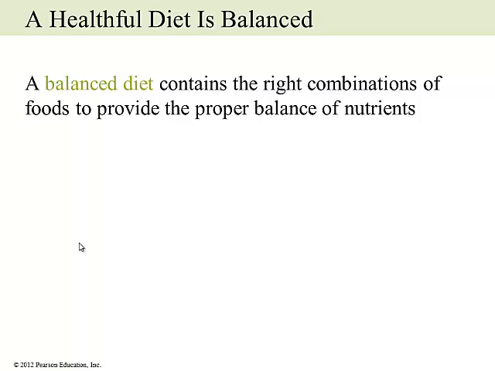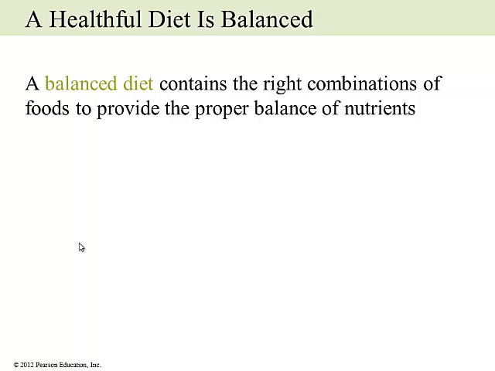Now, weight is related to the energy input versus energy output. Is everybody's ideal weight in this room the same? No. What's it based on? Height. It's based on height, your body frame, believe it or not, your sex.